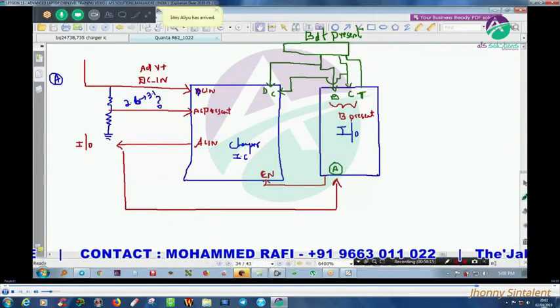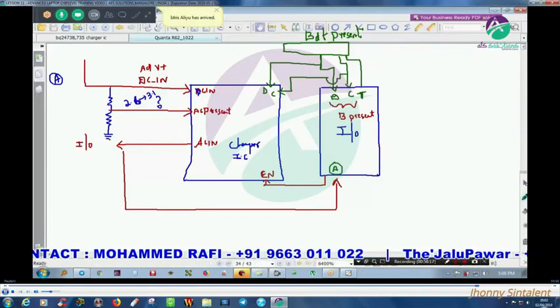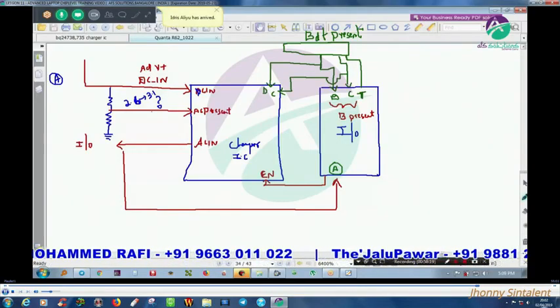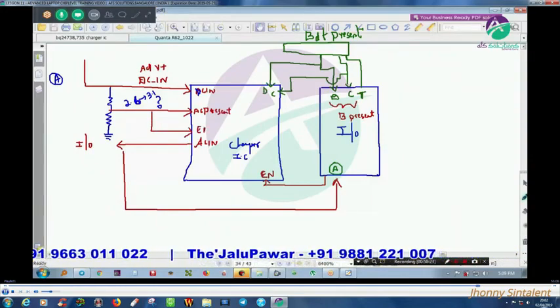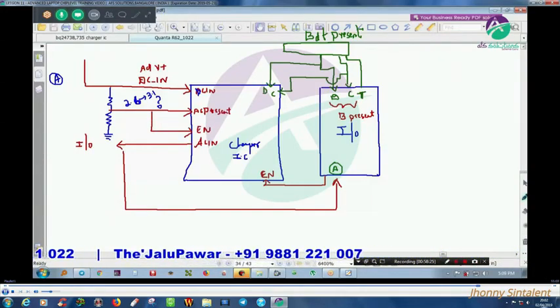Sometimes the enable voltage is given by the IO controller, sometimes it is given from here. So sometimes it will come from the charger IC, from the voltage divider, sometimes from my IO controller.